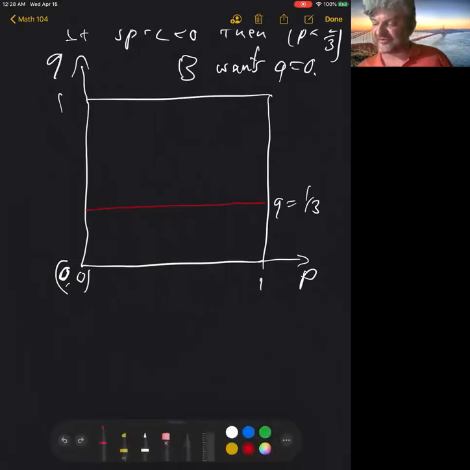Red arrow because it's A's choice. A chooses P is 1. So we will end up on the right side of the unit square. That's where P is 1.